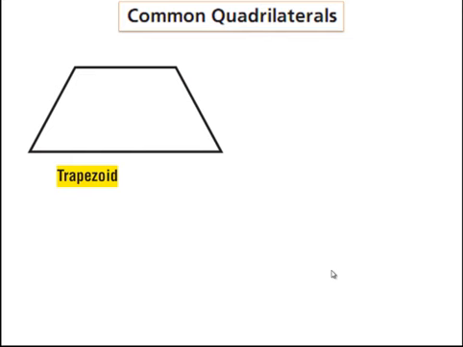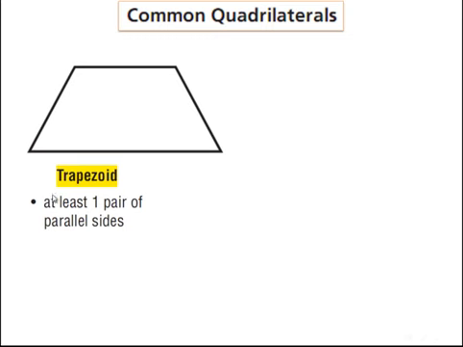Please focus carefully here. It has only one condition. Here, guys, a trapezoid has at least one pair of parallel sides.